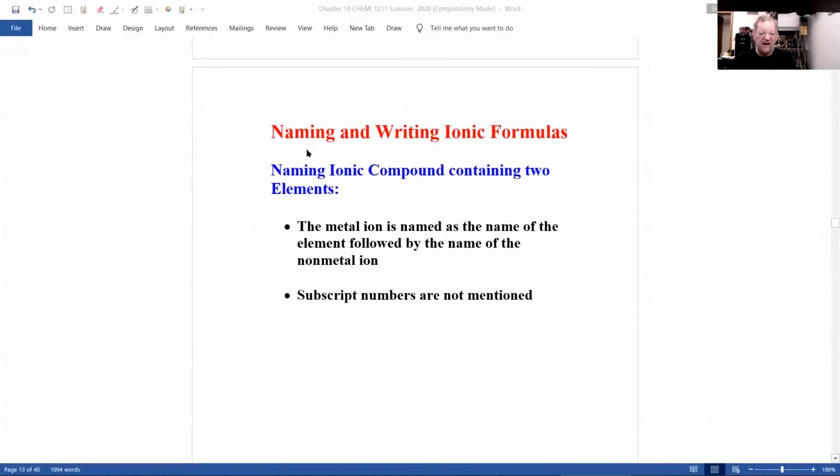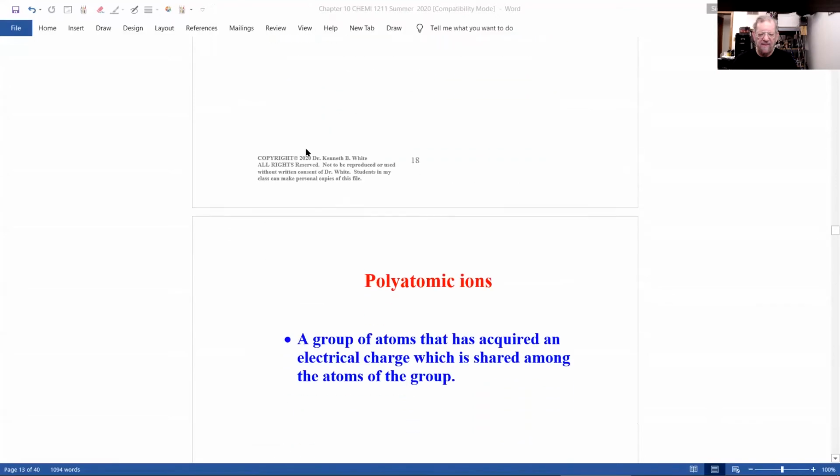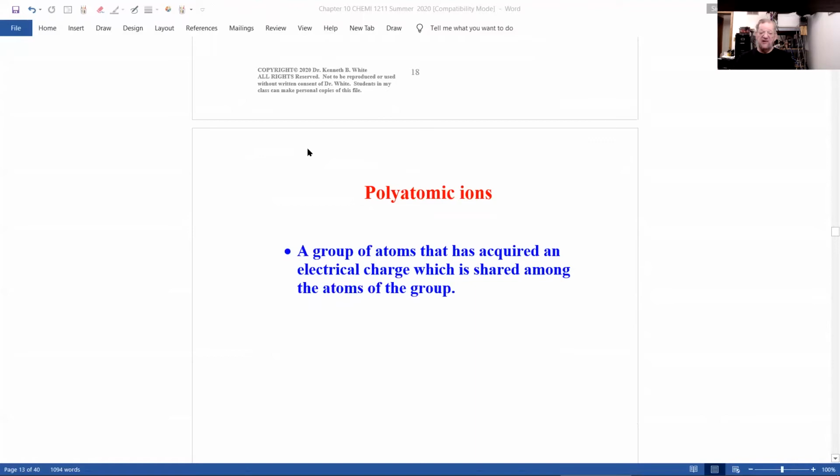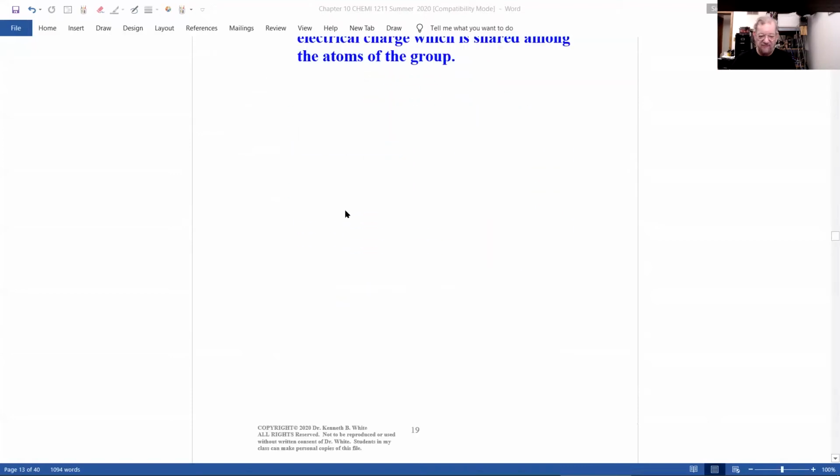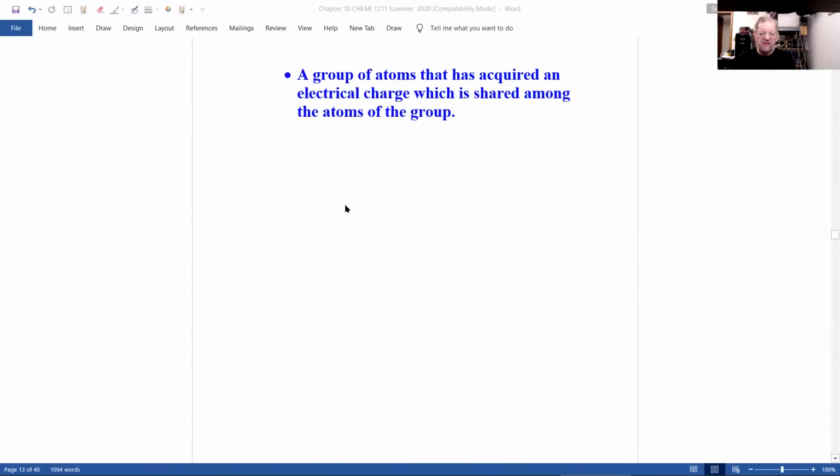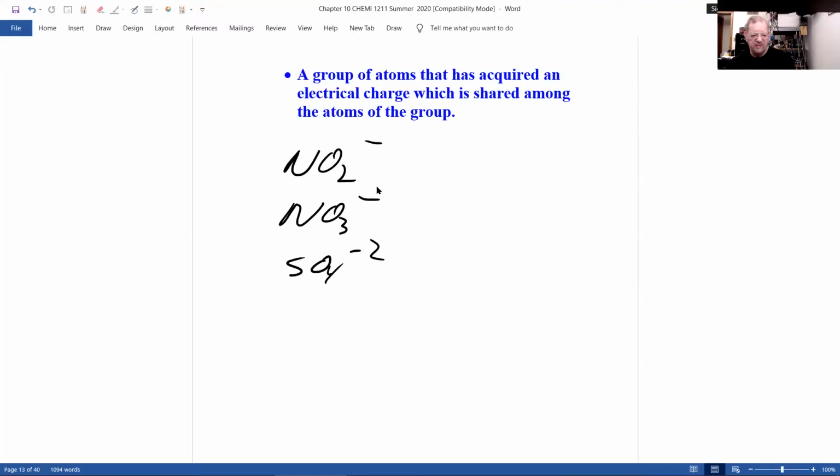Well, we went through writing. I'm not going to do naming. Now, let's look at polyatomic ions again. Polyatomic ions are atoms that have acquired an electrical charge by sharing the electrons among atoms. And I've talked about some key ones like nitrate or nitrite, sulfate, and these are key ions.